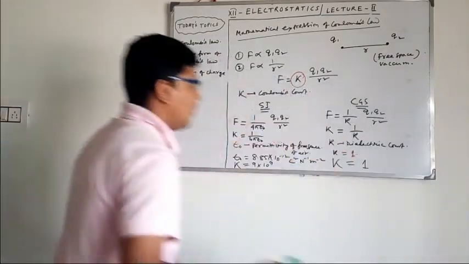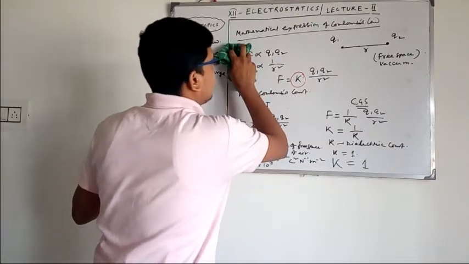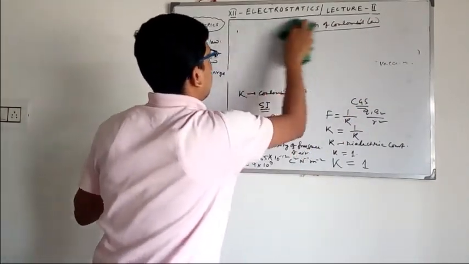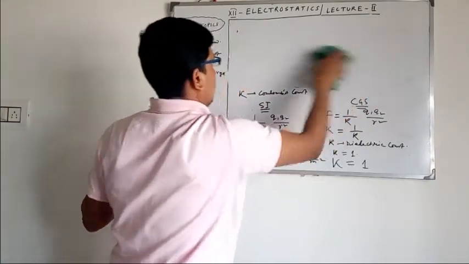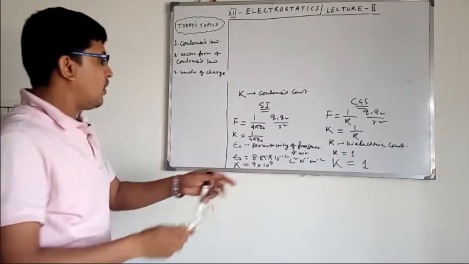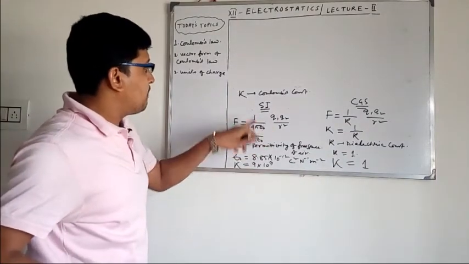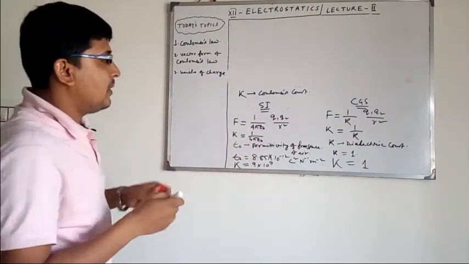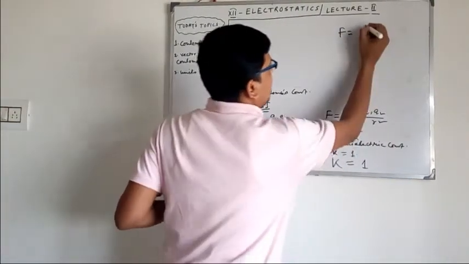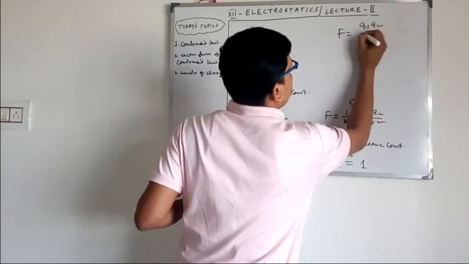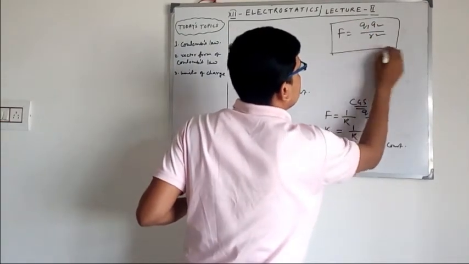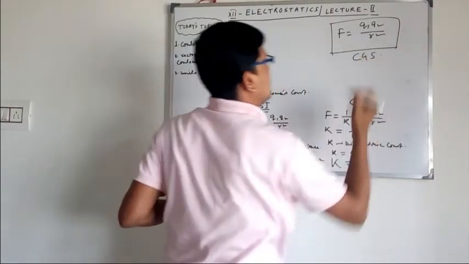So the form of Coulomb's law, इसको हम मिटा देते हैं. So the form of Coulomb's law in CGS system will be only F is equal to, in air medium, F is equal to Q1 Q2 upon R square. This is the form in CGS.